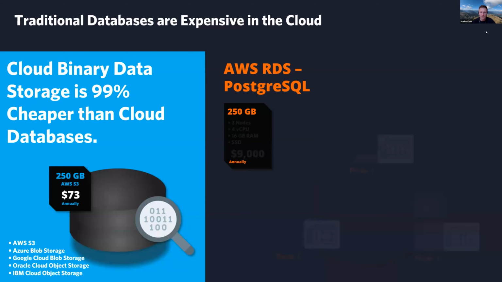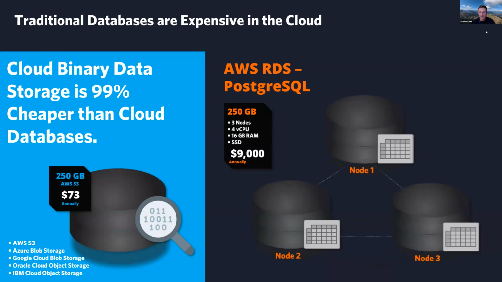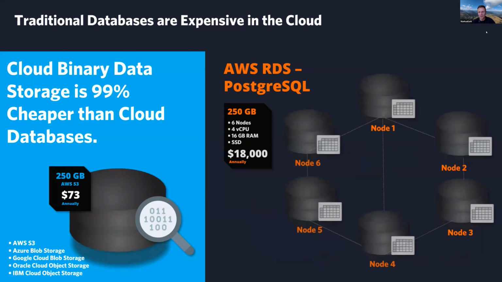If you need more database nodes, your price will double or triple. 6 nodes will cost you then around $18,000. This is the reason why databases are very expensive in the cloud, because we need storage and we need CPU power, and computing is expensive.